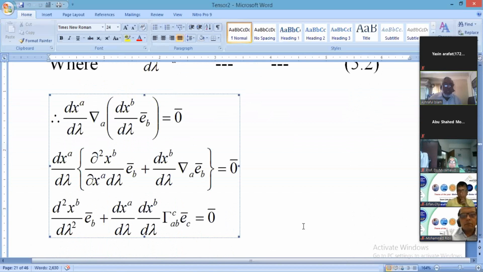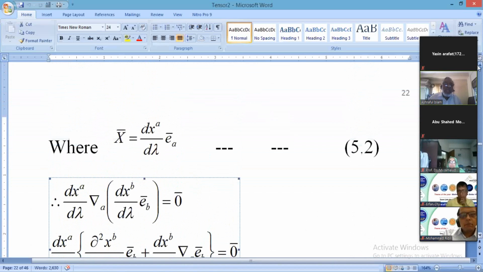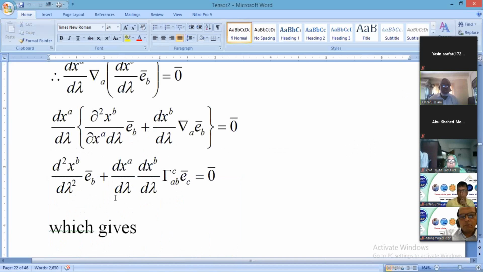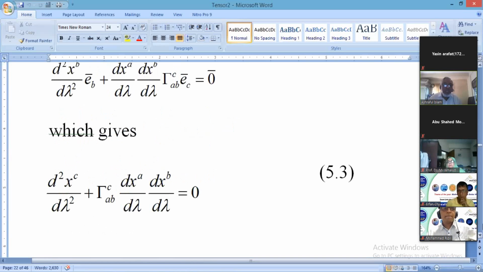Now it comes that it is the component, and we use that lambda is the parameter of this, and we will find the usual geodesic equation. The earlier one is the compact geodesic equation. This type of geodesic equation everyone knows. If we replace B by C, then we can eliminate this easily. This is the geodesic equation.